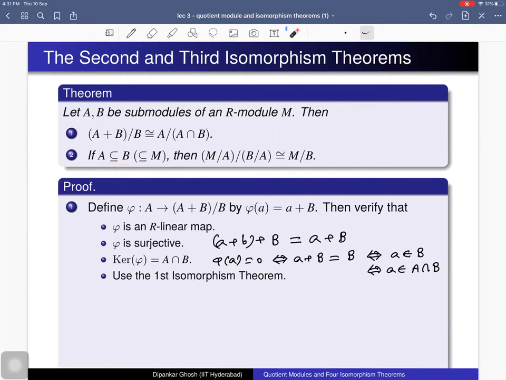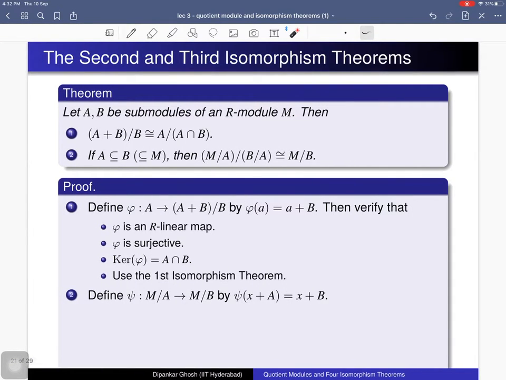So A is contained in B, then it is saying that first you go modulo A and then you go modulo B/A, that is the same thing as going modulo B of M. If we prove this, the natural way to define a map would be from M/A to M/B, because any element of M/A looks like this equivalence class. You just send it to the equivalence class of x, but here modulo B.